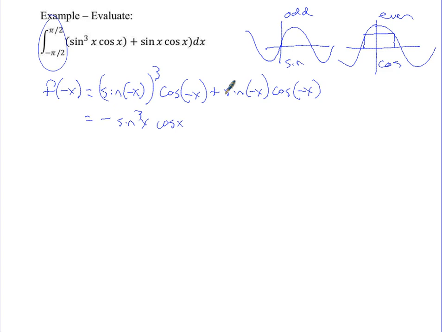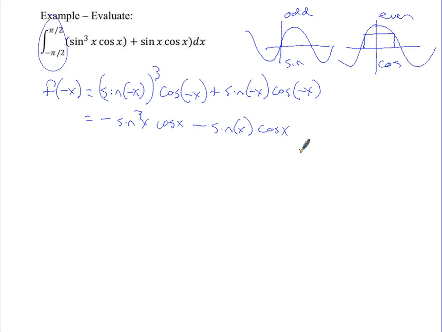Over here, sine is odd, so if I flip the sign of x, I flip the sign of the function, which means I wind up with negative sine x. Cosine is even, so if I flip the sign here, the sign of the actual cosine function stays the same. Cosine x.